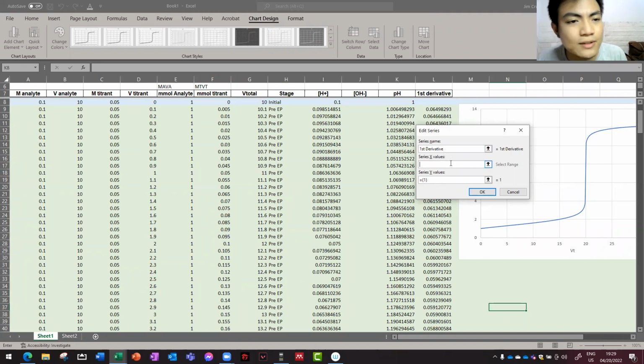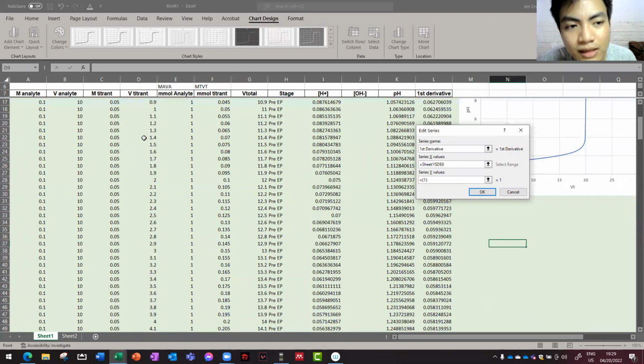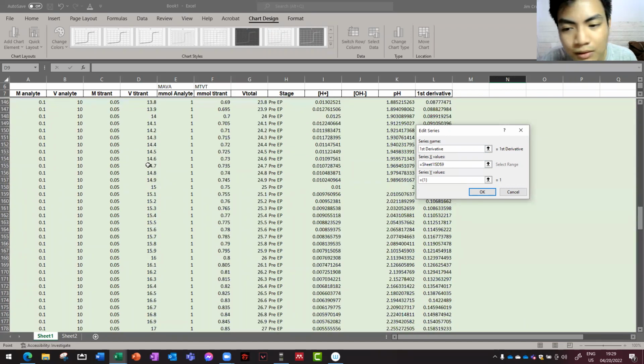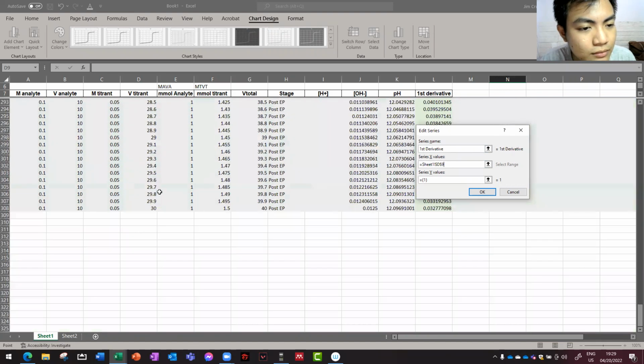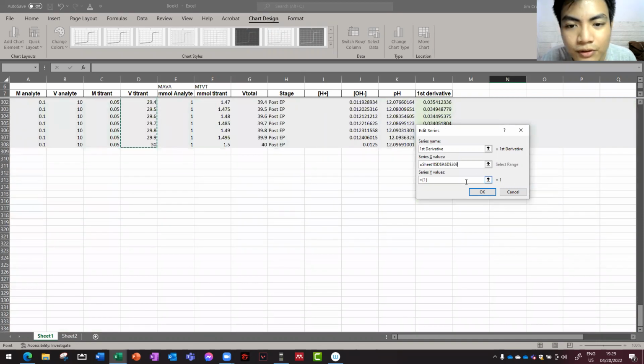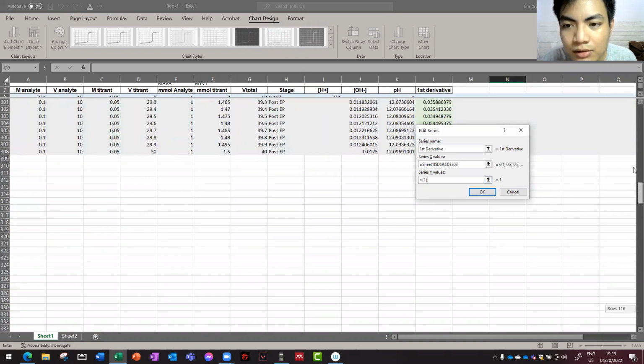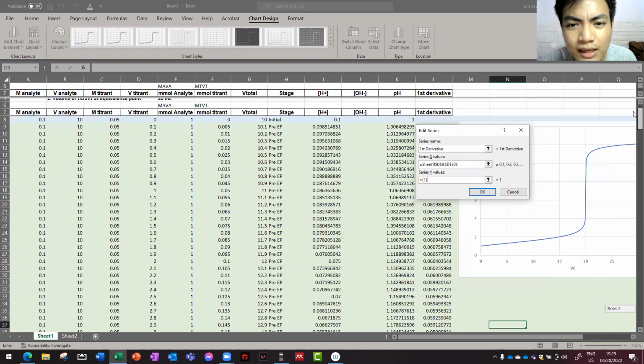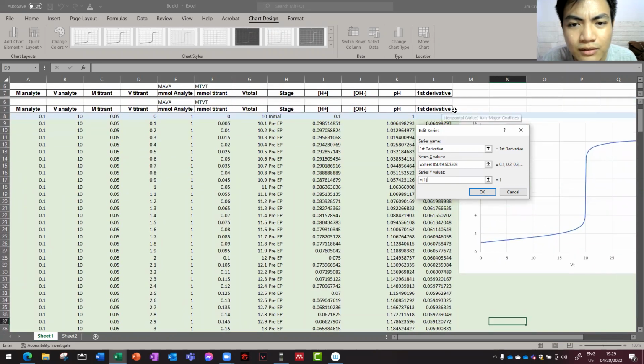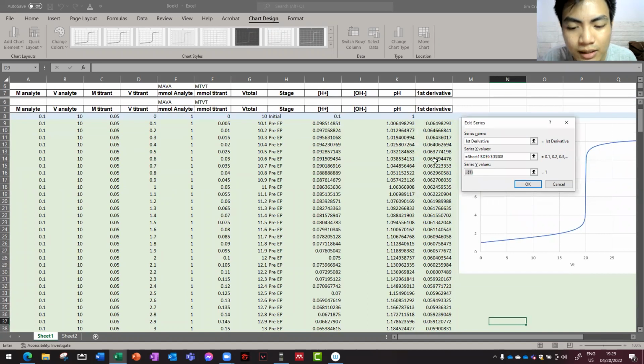For the x-axis value, it will still be the volume of the titrant. However, instead of starting at 0, I will start at 0.1 until the end, okay? For the y-axis, you will still do the same, but again, instead of starting at the first entry, you will begin at the second entry.